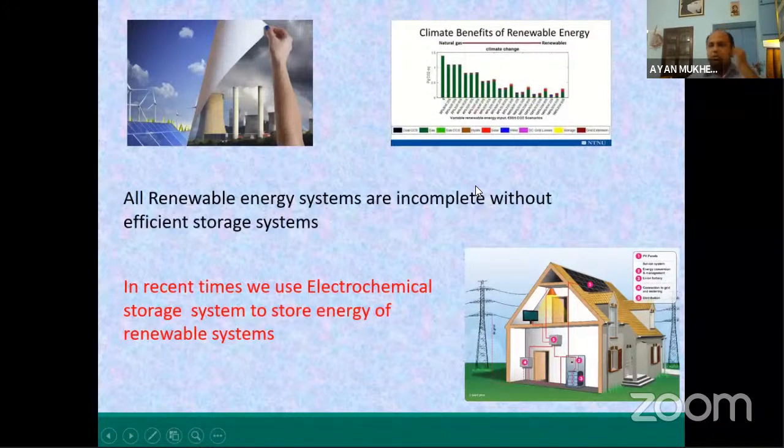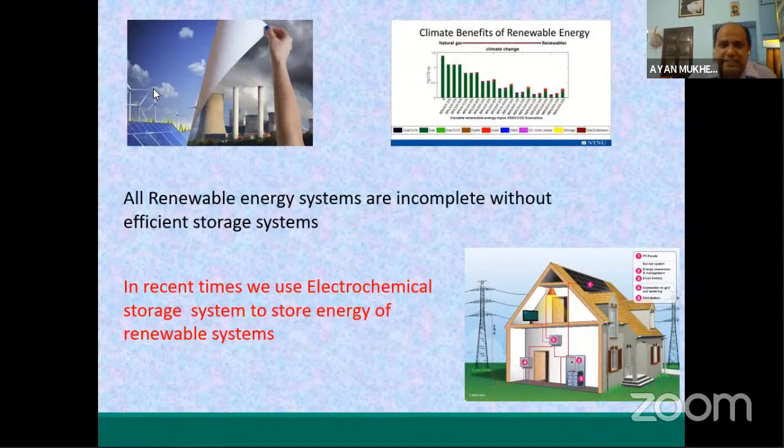First of all, we are all aware that using fossil fuel or traditional energy sources is creating severe harm in our atmosphere. So what we have to do? We have to use renewable energy to combat this type of problem.